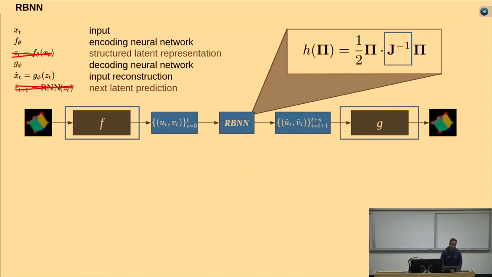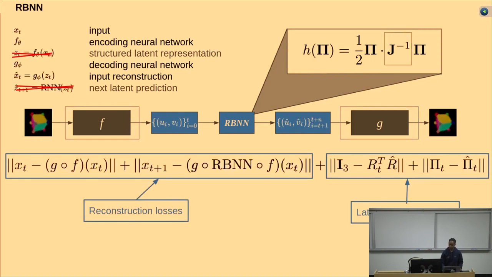And we train this network end to end, and we simultaneously learn the encoding network F, the decoding network G, and also the moment of inertia tensor J without access to any ground truth phase-space measurements.